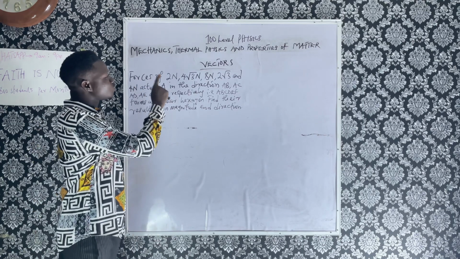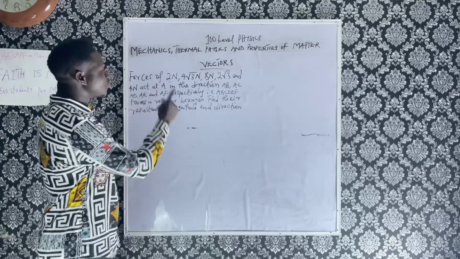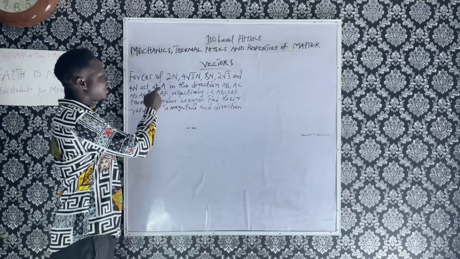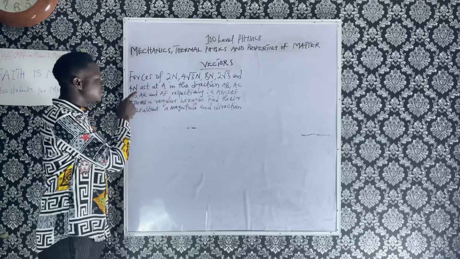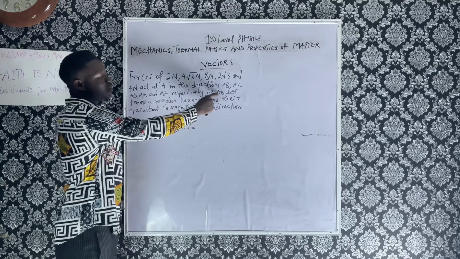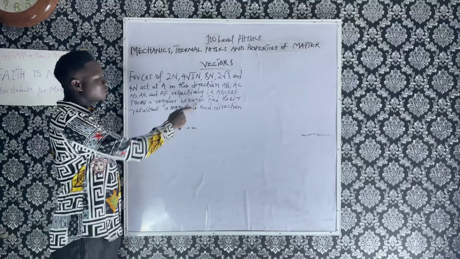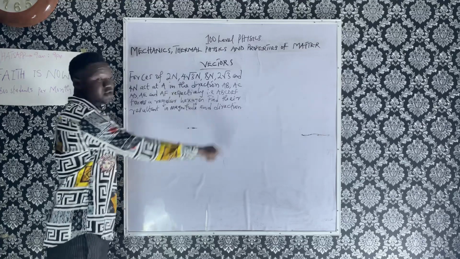The forces of 2 Newton, 4 root 3 Newton, 8 Newton, 2 root 3 Newton, and 4 Newton act at A in the direction AB, AC, AD, AE, and AF, respectively, i.e. A, B, C, D, E, F forms a regular hexagon. Find their resultant in magnitude and direction.